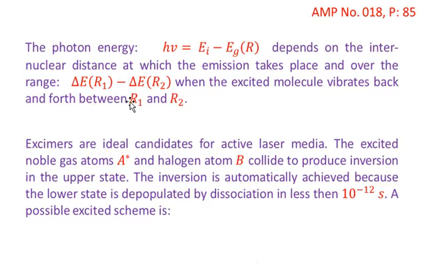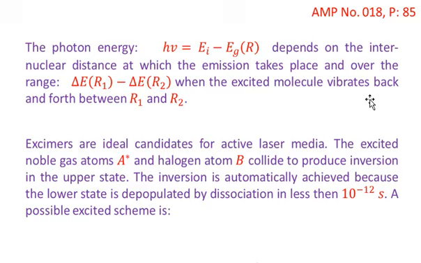So let me read this paragraph again. The photon energy h nu, which is equal to EI minus EG as a function of R, depends on the internuclear distance at which the emission takes place and over the range delta E of R1 minus delta E of R2, when the excited molecule vibrates back and forth between R1 and R2.